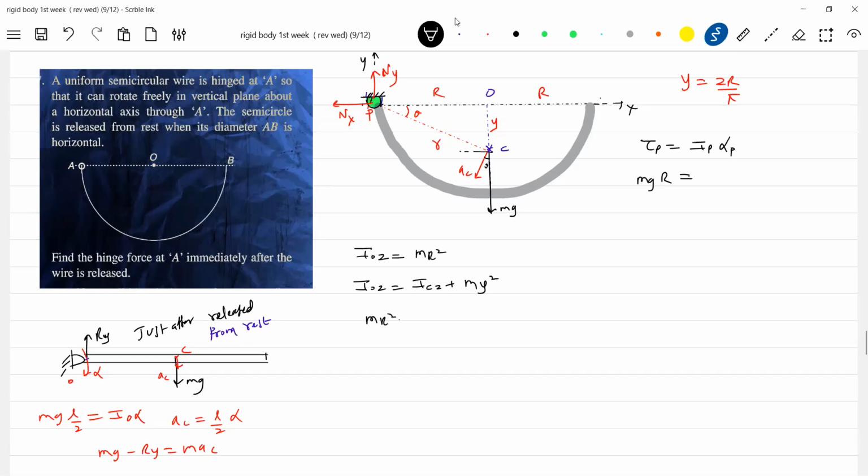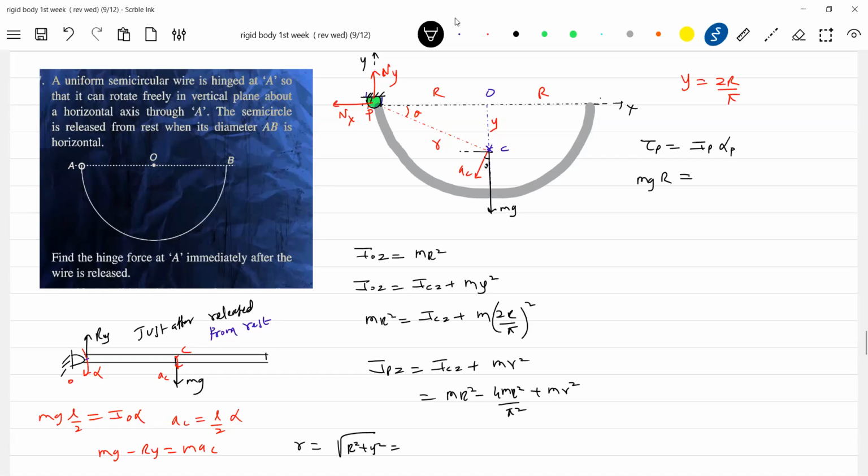IOZ is mr square, ICZ plus m into 2r by pi whole square. After getting ICZ, now you'll get IPZ. IPZ equal to ICZ plus m R square. What is R? R is, again, I should write it as root of r square plus y square.